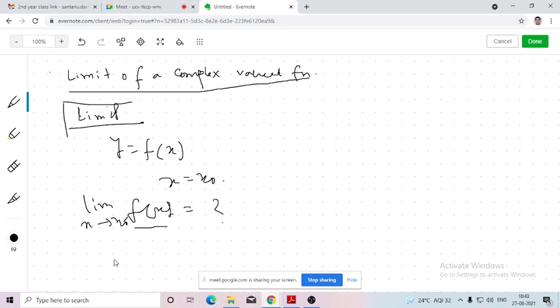Sir, we use limit to check where the function will work or will not work. Work means where it will be defined, since for certain values a certain function may not be defined, sir. So we check the limit like that, sir.